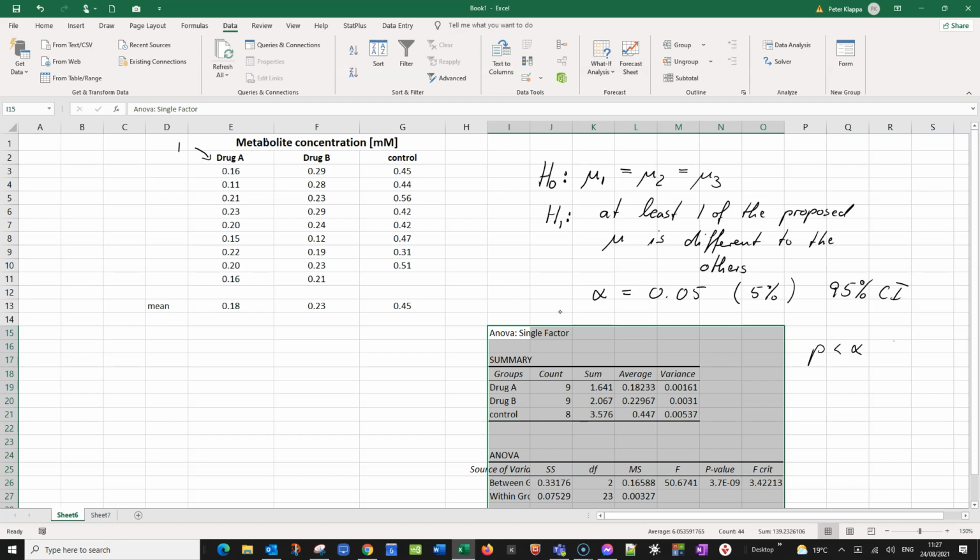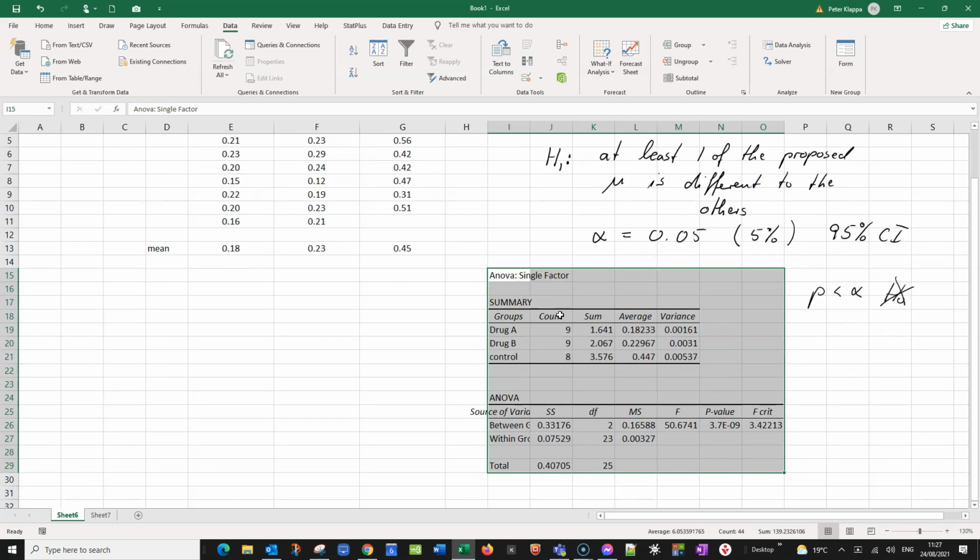So we would reject the null hypothesis, H0. So let's have a look at what the p-value is. And what we see here, the p-value, that's this value here. This p-value is very, very small. So the p-value is much smaller than alpha.